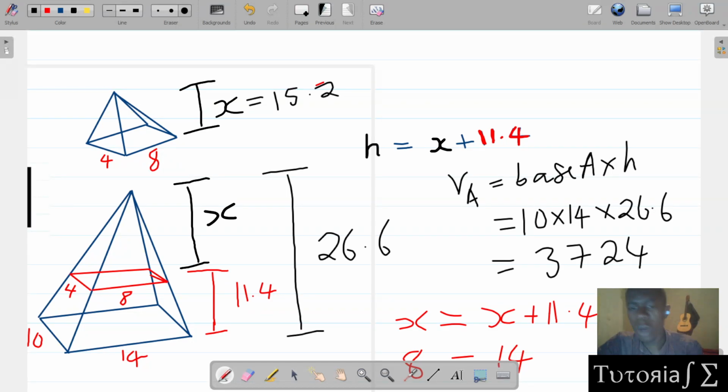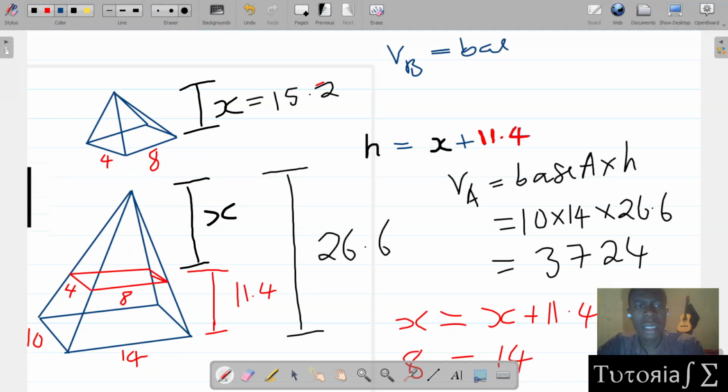Next, we move on to finding our volume B, which is this volume here. So we can say volume B on top here. Again, it's the same formula. Volume is base area times height.